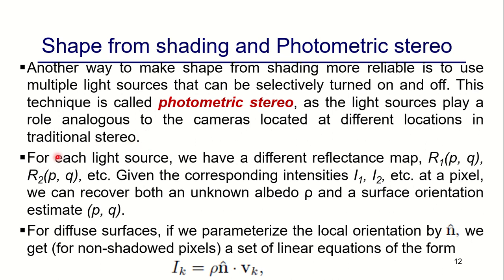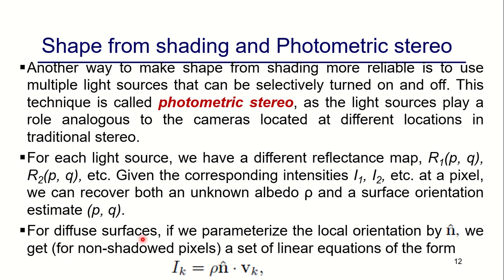So for each light source, we have a different reflectance map, R1 of p comma q and R2 of p comma q, given the corresponding intensities I1, I2, etc. at a pixel. We can recover both an unknown albedo rho and a surface orientation estimate p comma q.